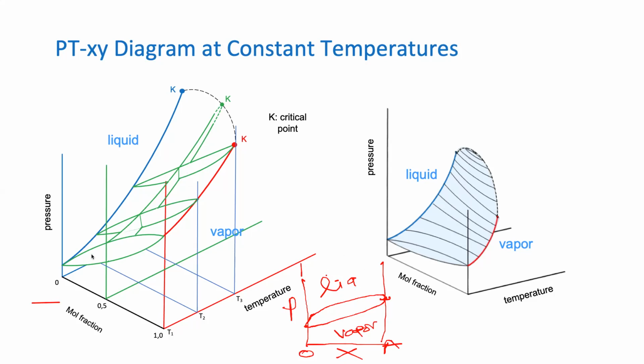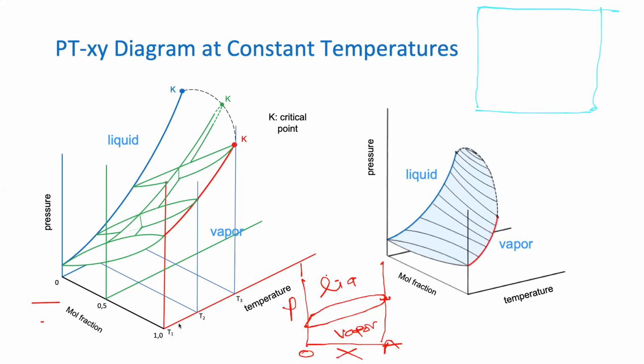Okay, and then what if I slice them with the mole fraction? Let's draw in a different color, for example. How if I slice it at a constant mole fraction? Maybe it becomes like that.